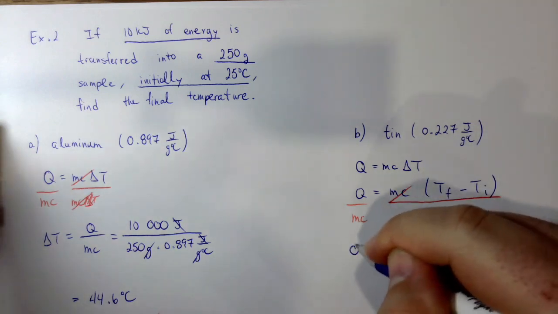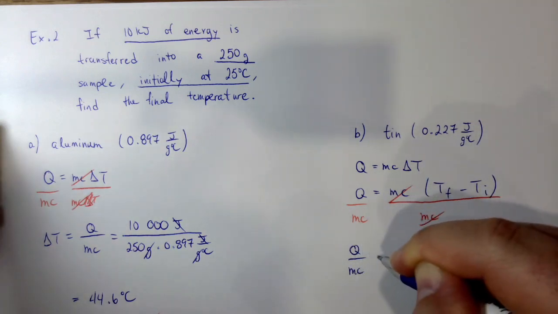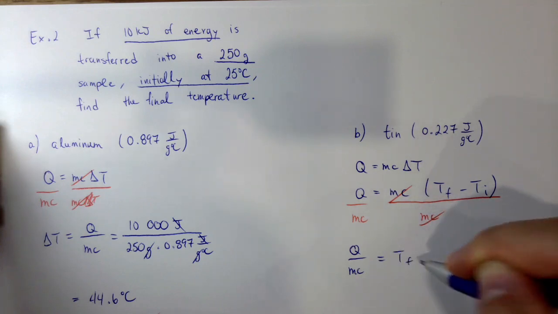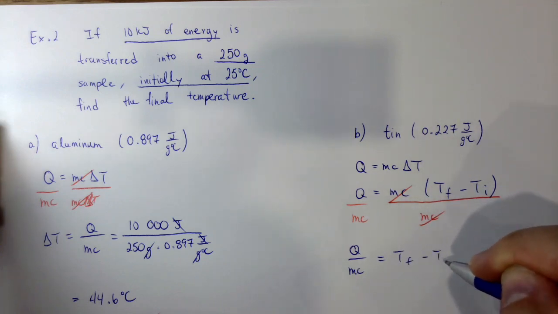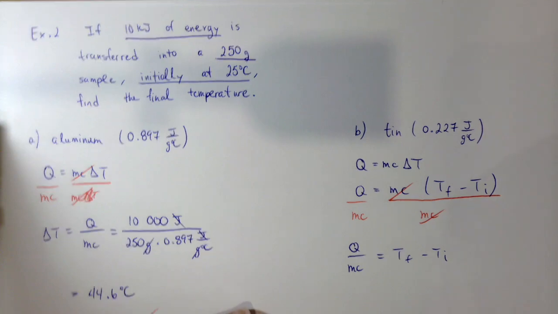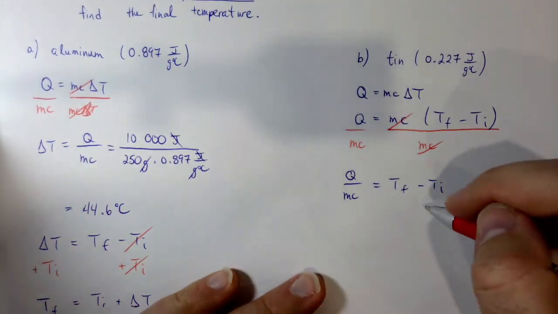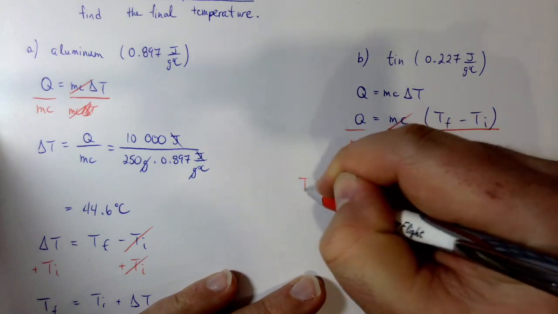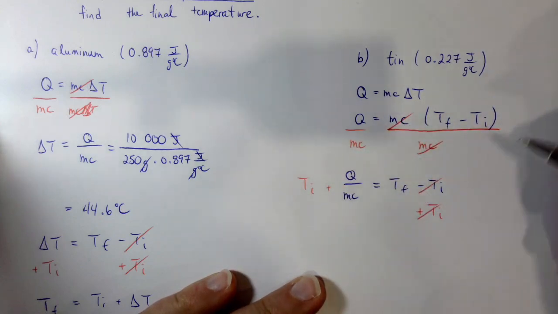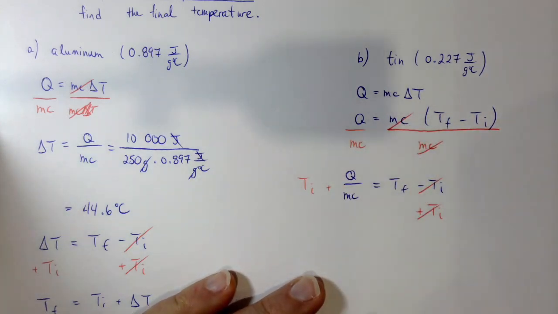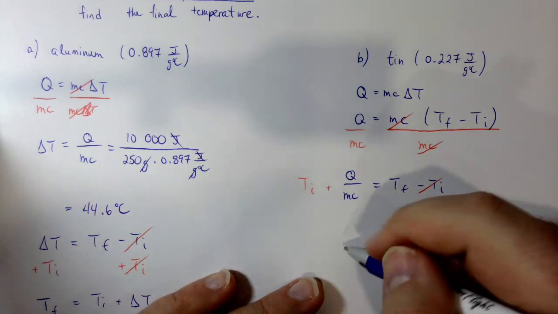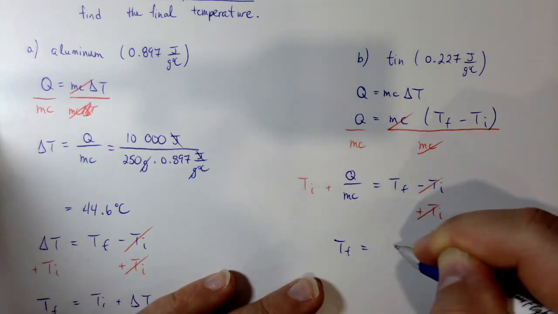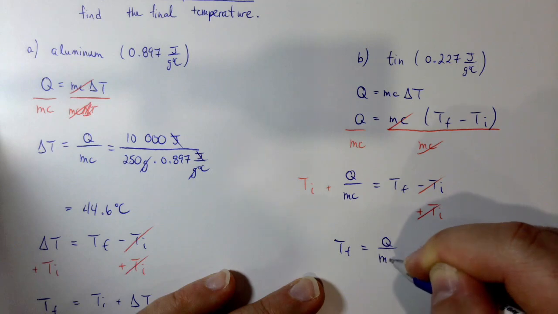That gives me Q divided by mc equals TF minus TI. Next up, I want to solve for TF, so I'm going to add TI to both sides. Cancel, cancel. And now I'm left with a formula that looks like this, very similar to the first one, just not in pieces.